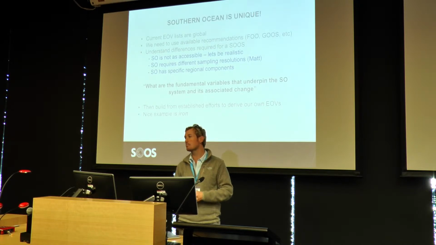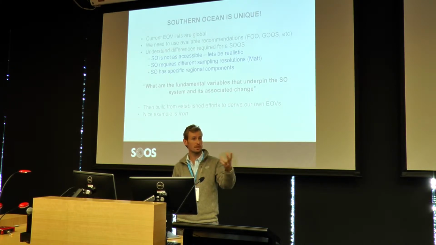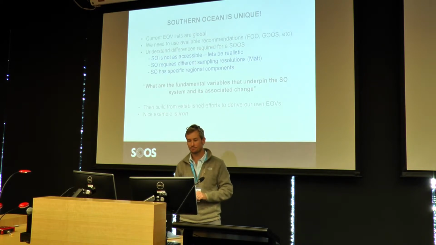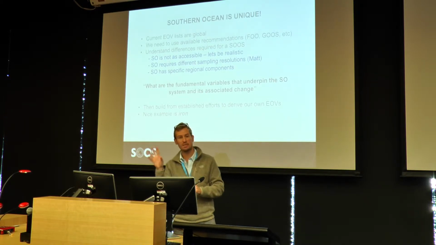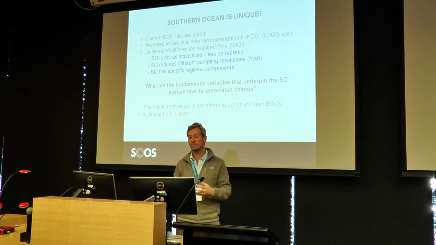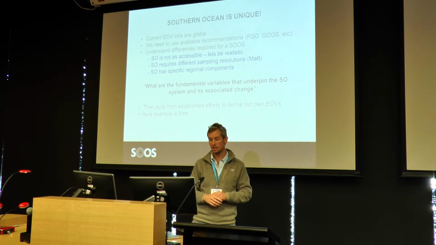We have to be realistic about what we're going to observe and how. It requires different sampling resolutions, and that's where Matt is going to fill us in a little bit more afterwards. It also has specific regional components which might require specific EOVs. And so the question is, what are the fundamental variables that underpin the Southern Ocean system and its associated change?